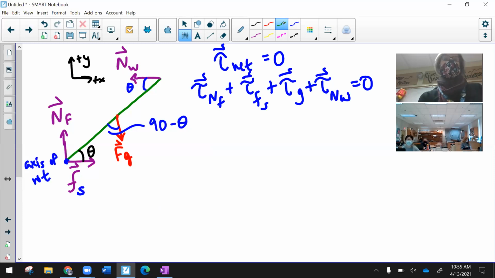So like we explained, the torque due to the normal force from the floor is 0, and the torque due to the friction force is 0. And those are both because they have moment arms that are equal to 0. They're acting on the axis of rotation.